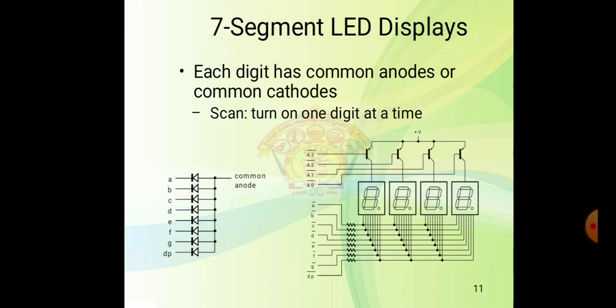In the figure, the common anode 7 segment display is shown. All the anodes are connected together to VCC, and all the cathodes are connected to the 7 segment decoder driver, and you can control the display.